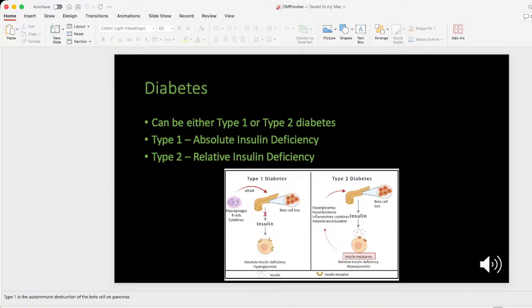And so that's where type 1 happens. Typically, there's beta cell loss, macrophages, T cells, cytokines, that kind of stuff. But the overall bottom line is that in type 1 diabetes, there is basically no insulin being produced.